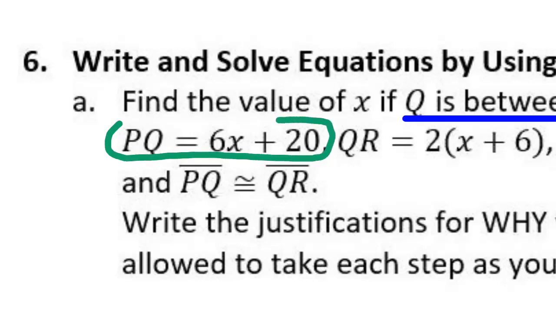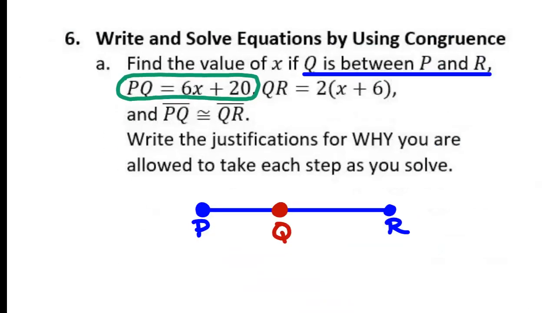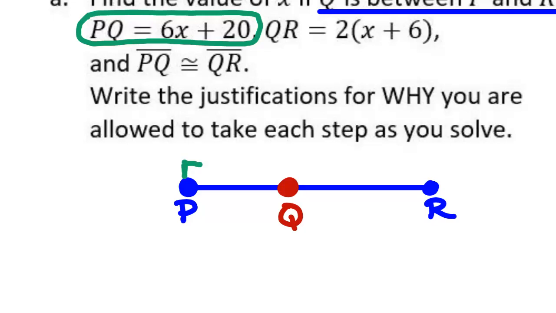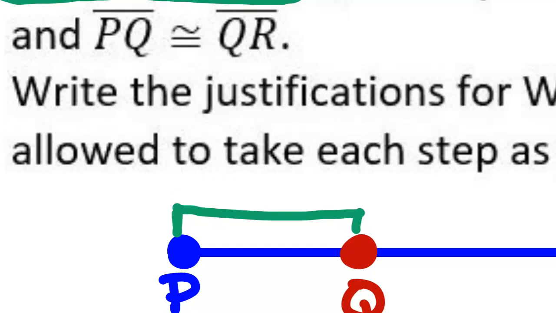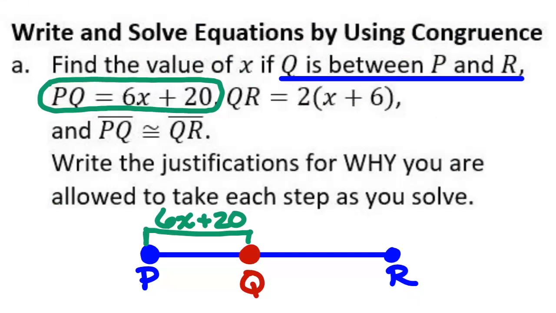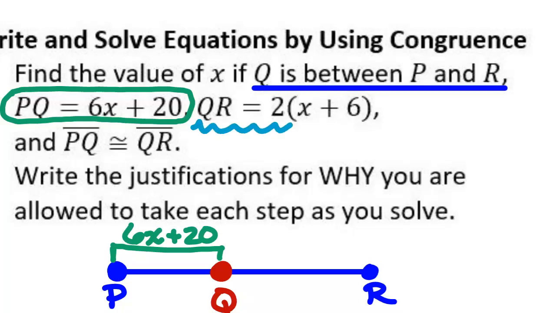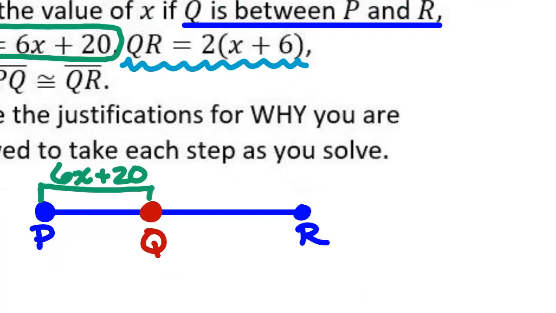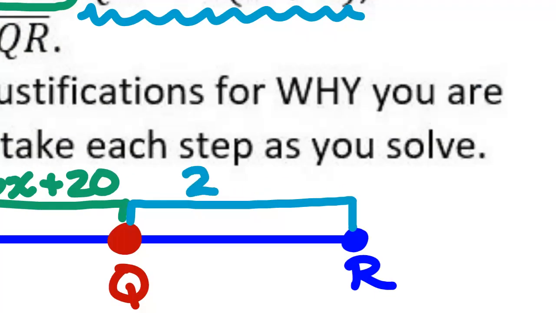PQ is 6x plus 20. So from here over is 6x plus 20. QR from here to here is 2 times x plus 6.